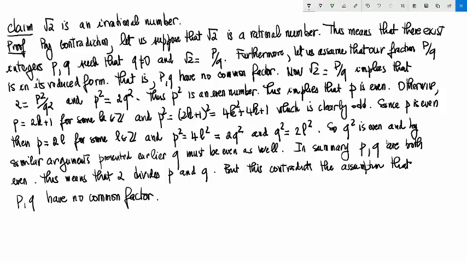All right, so we reach our contradiction. Therefore, square root of 2 cannot be rational. It is an irrational number.